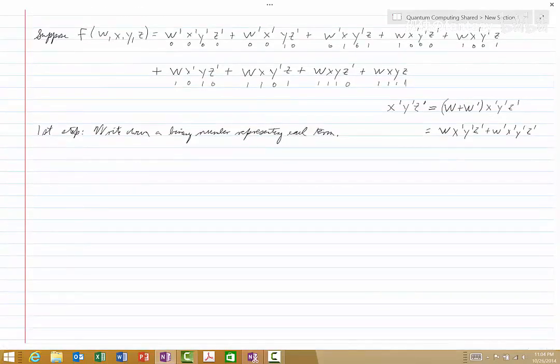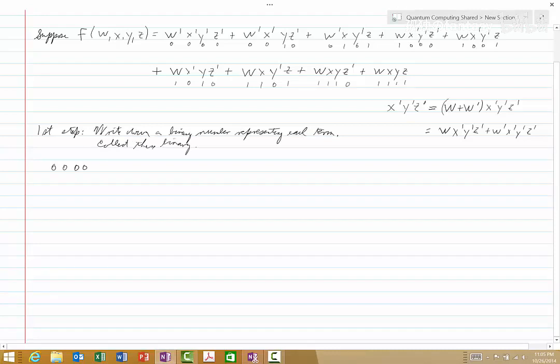So now we collect all of those numbers together, collecting these binary numbers according to the number of zeros in each of them.